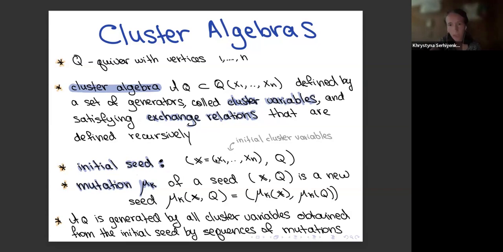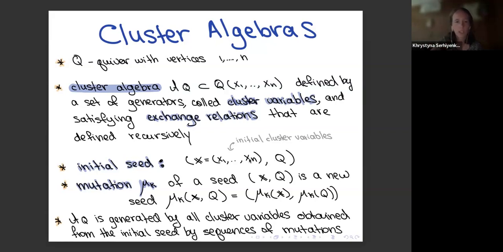A seed is a collection of cluster variables, which we denote by bold X. The initial seed always starts with the generators x1 through xn, where n is the number of vertices in the quiver: one generator for each vertex, together with your initial quiver Q. These are called the initial cluster variables, the initial cluster and the initial quiver.